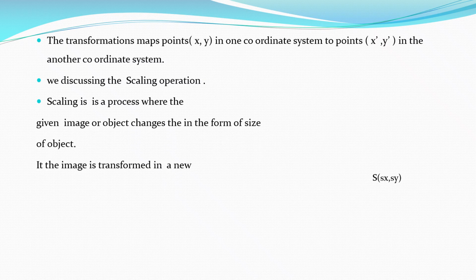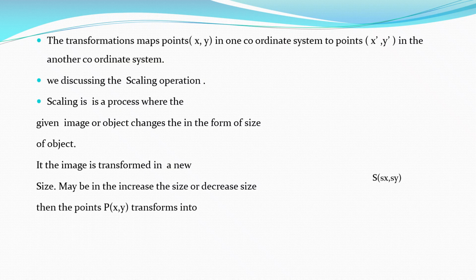So the image is transformed to a new size, maybe increasing or decreasing. The point P of x, y is the original, and it transforms into the scaled form P dash x dash, y dash, the changed one, where s of x, s of y are the size parameters of our x, y coordinates.